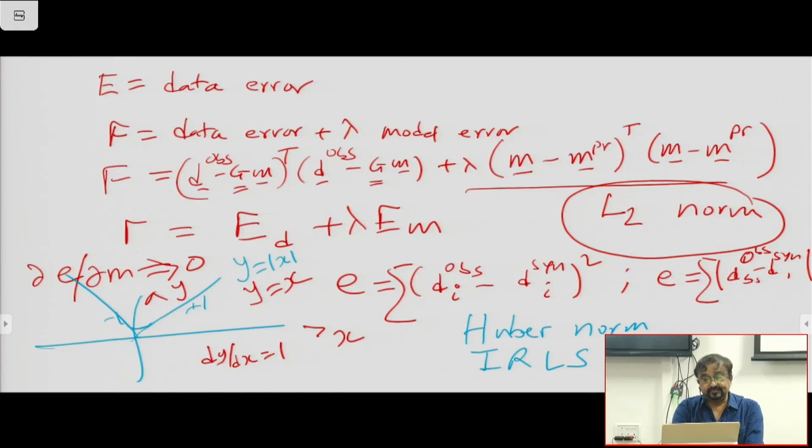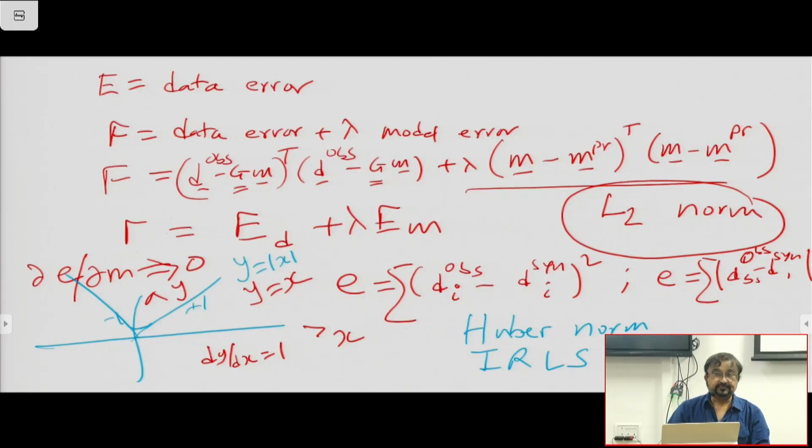So why am I interested in the L1 norm? What did you learn from that figure I showed you this morning about the straight lines, fitting of straight lines with different norms? What was the significance of the L1 norm?